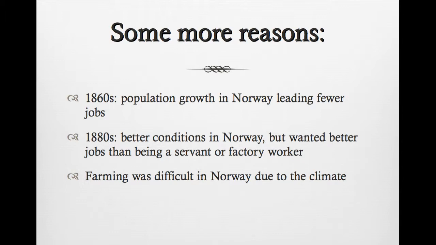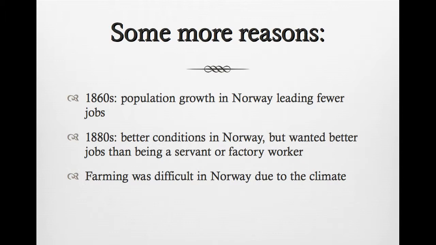Now, let's talk a bit about reasons again, but now we focus on Norway and only Norway. During the 1860s, the population growth in Norway led to fewer jobs. People didn't get the jobs. And in the 1880s, 20 years later, you had better conditions in Norway, but now people wanted better jobs, for instance, better jobs than being a servant or a factory worker.